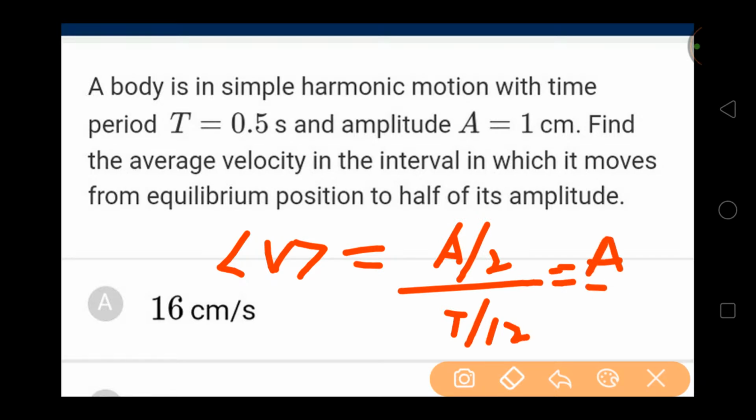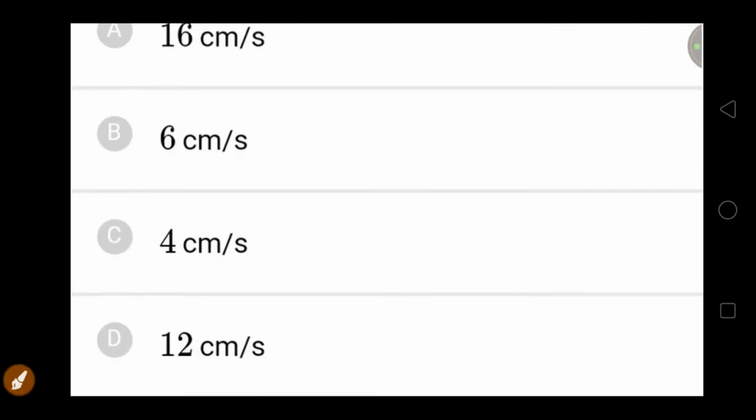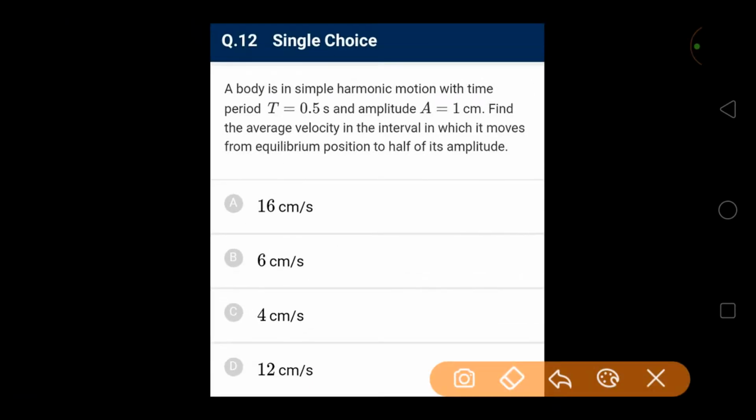So a by t into 6. So what is a? 1 centimeter by 0.5 seconds into 6. So 12 centimeter per second.